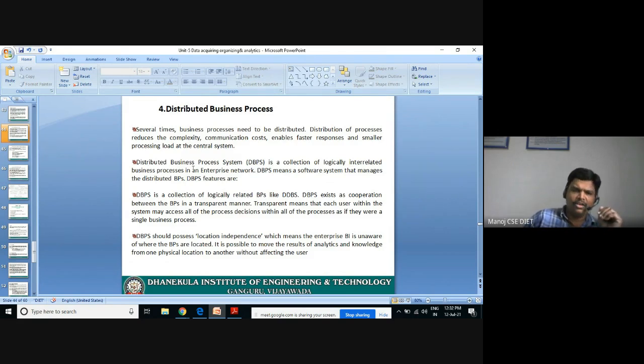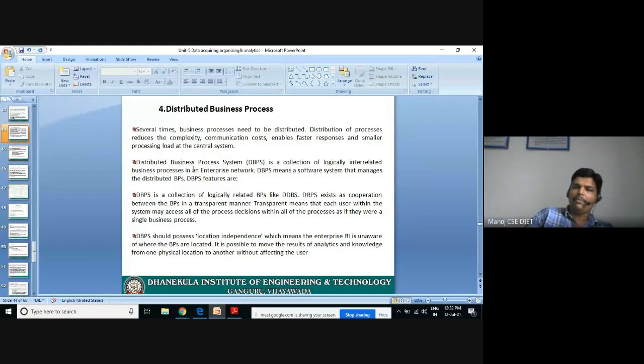Like that here also, with the help of this distributed business process system, it is having a collection of logically related business processes, and like a database system is there and distributed business process is there. Here there is a cooperation between them, transparently, an invisible logical interrelated relation between them.